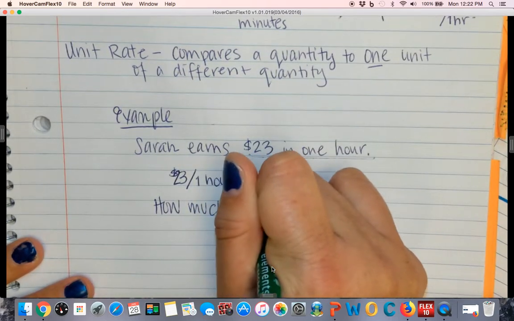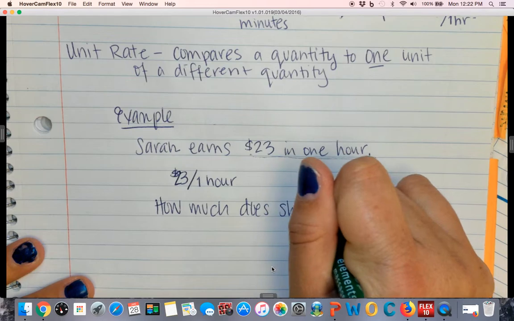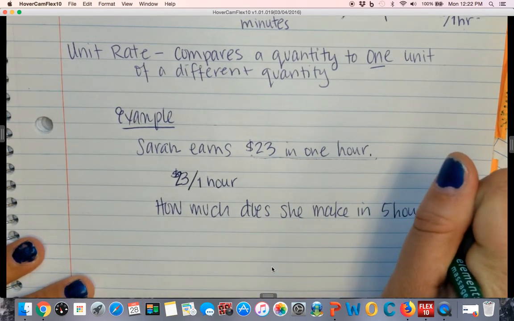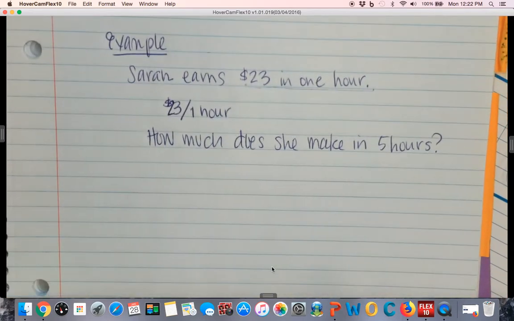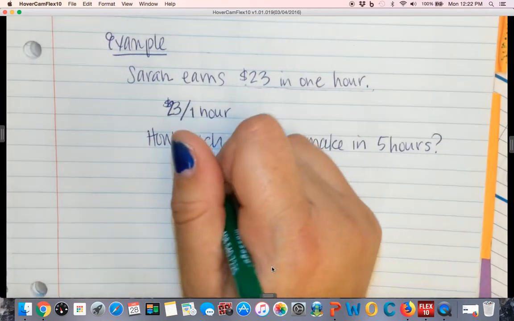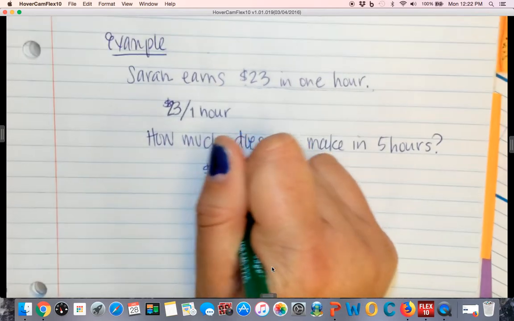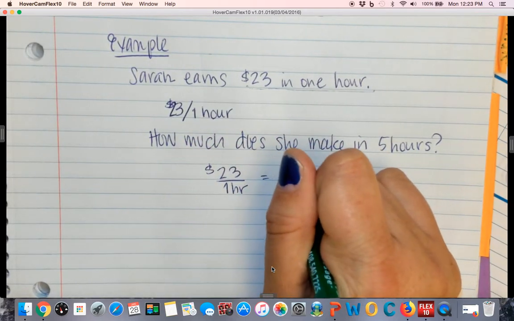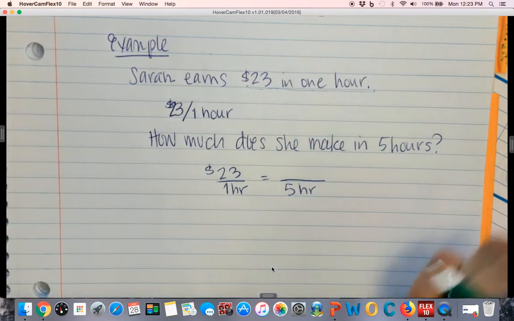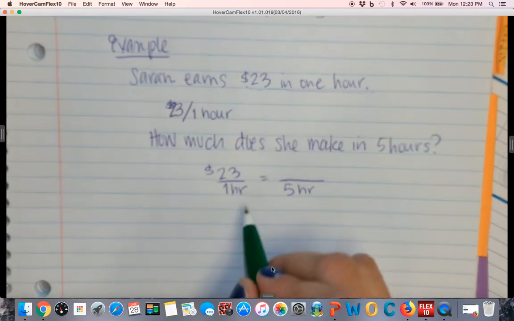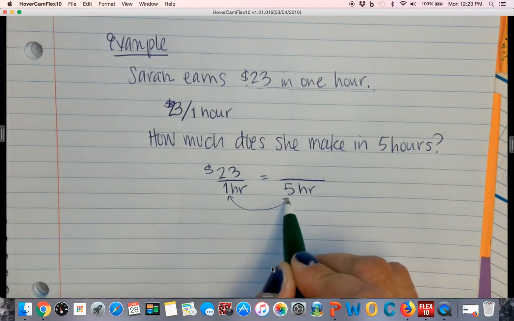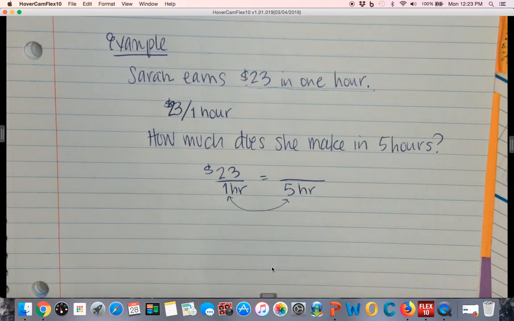How much does she make in 5 hours? We're just going to set it up like 23 for 1 hour. How much does she make in 5 hours? And what you have to do, just like a ratio, is think, what do I do to the 1 hour to get the 5 hours?